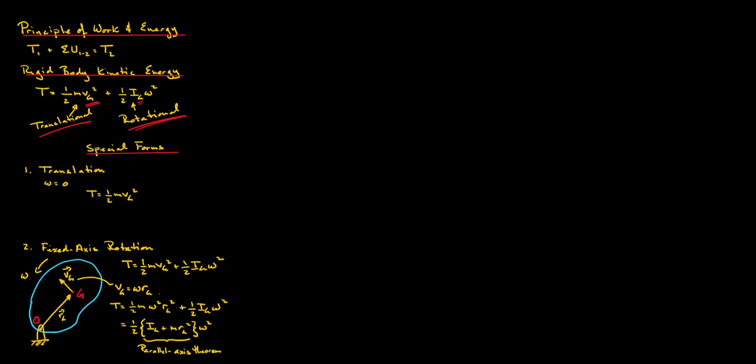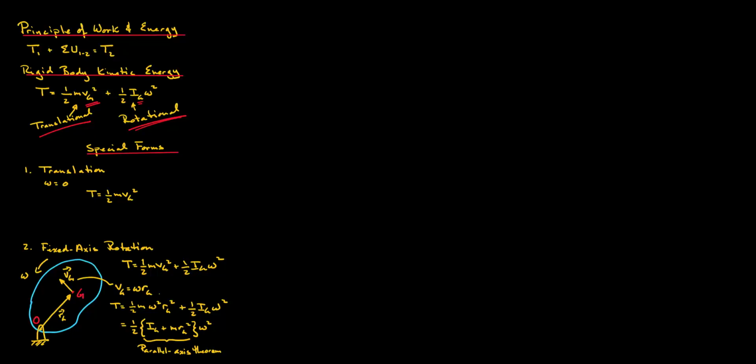Recall, the parallel axis theorem states that if we know the mass moment of inertia at a certain location, so in this case, let's say we know the mass moment of inertia at location G, the center of mass, so the mass moment of inertia about an axis passing through the center of mass, we can find the mass moment of inertia about another point, a distance r away, using the parallel axis theorem.